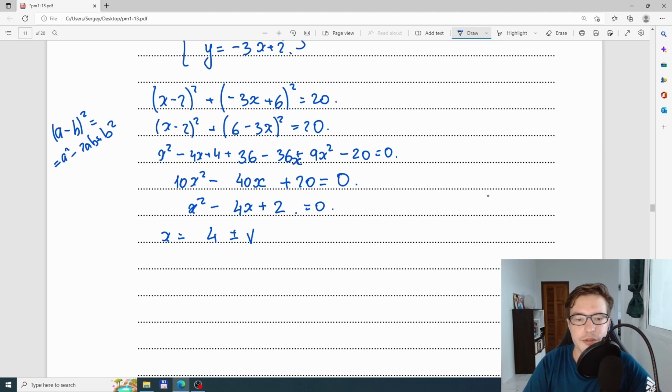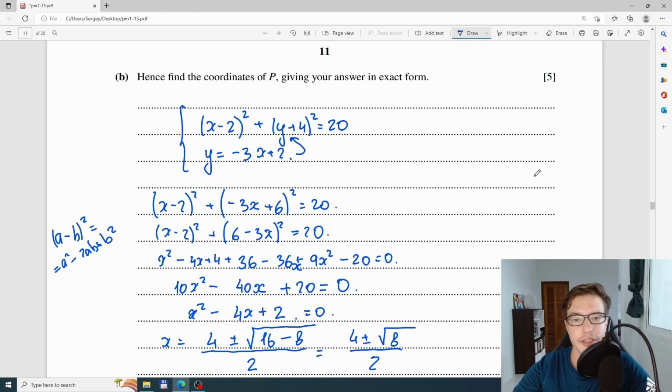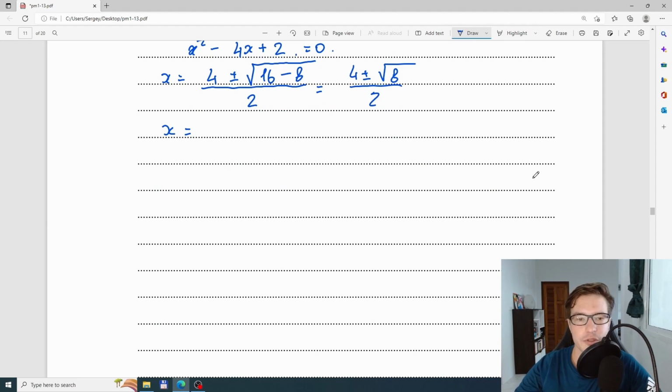x = (4 plus or minus the square root of b² which is 16 minus 4ac, which is 8) divided by 2. Simplify that. Now, don't forget, the question says find in the exact form, so we don't need a decimal.